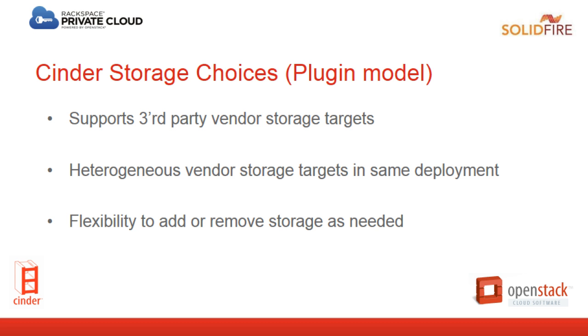One of the things that gives us is a lot of flexibility in terms of scaling, growth, and elasticity in our deployment. We now have the ability to bring in a new backend, upgrade a backend storage device that you might be using, or even take a backend out. We can do all of this without impacting your end users, so they can still keep utilizing the cloud, and they won't see any of these changes.